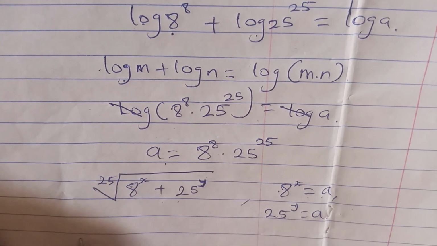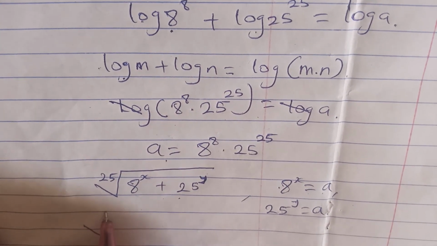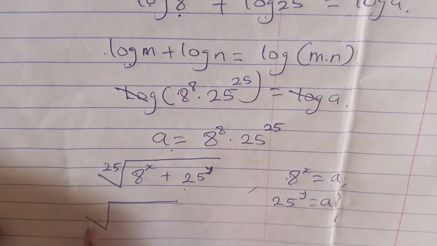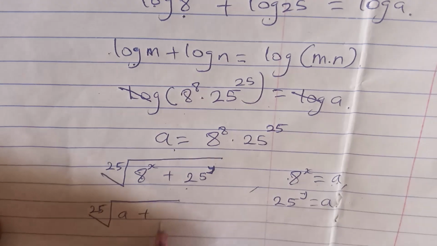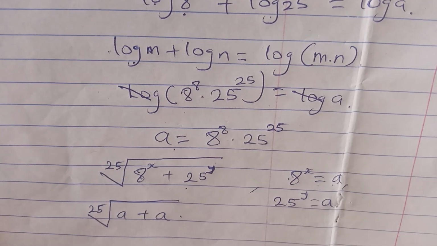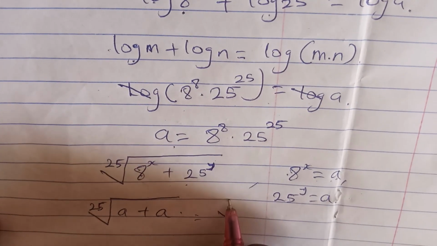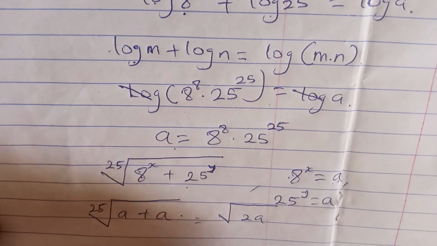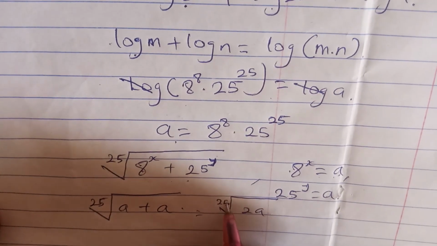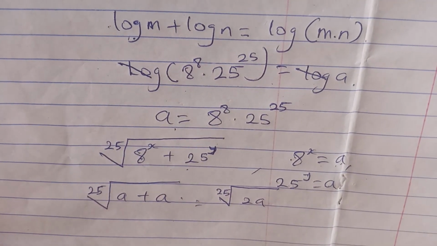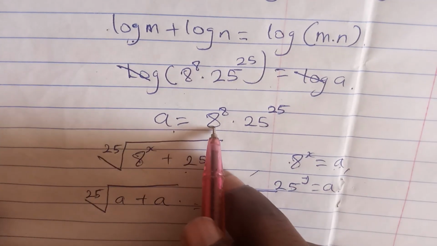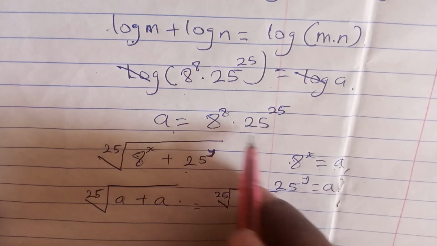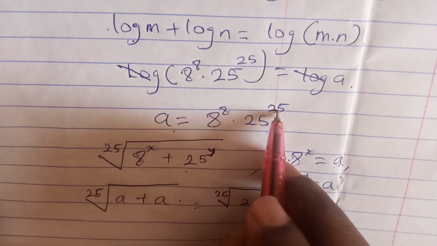So therefore, we can say the 25th root of a plus a. When we do this, it is also equal to the 25th root of 2a. So we are now having this. Recall we said a is equal to 8 to the power of 8 times 25 to the power of 25.